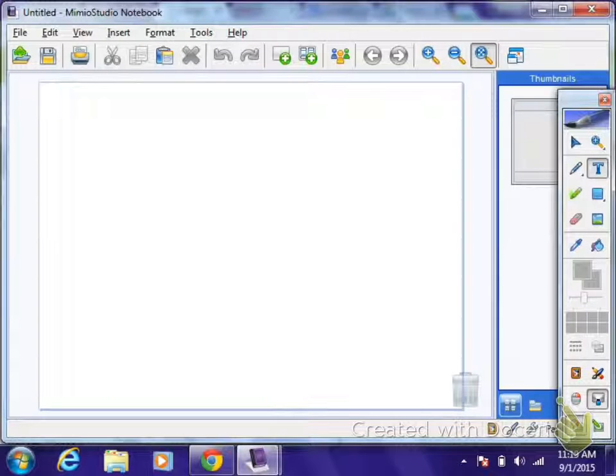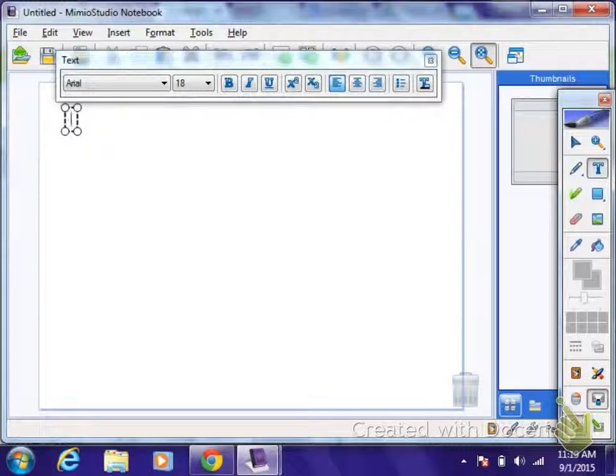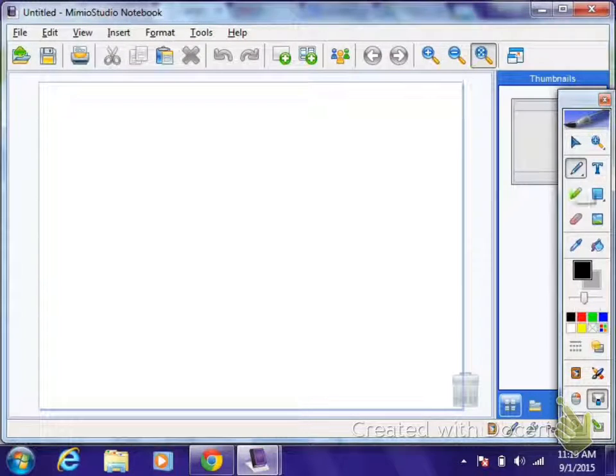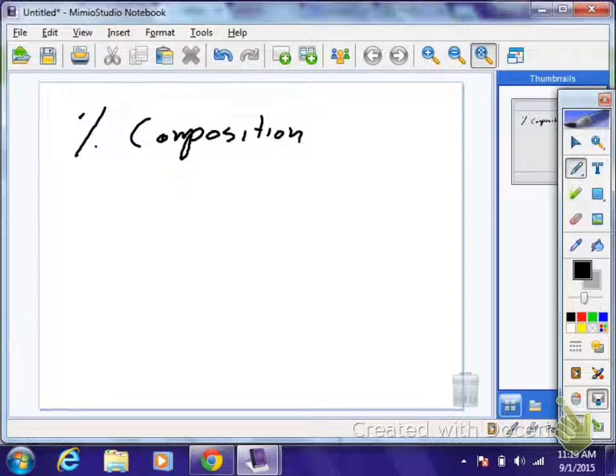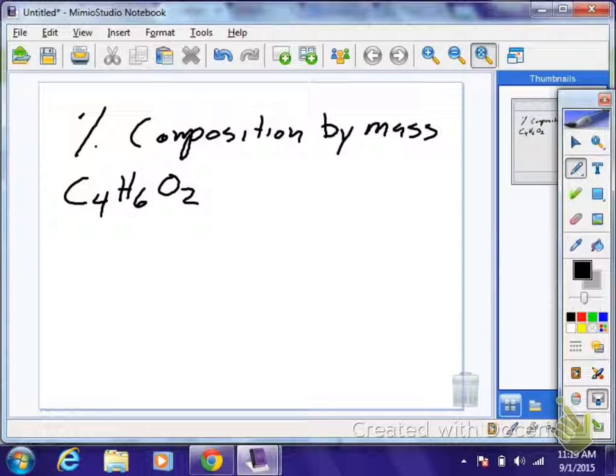Our example: we're going to look at percent composition by mass of the following formula: C4H6O2. So we'll find the molar mass of it real quick.